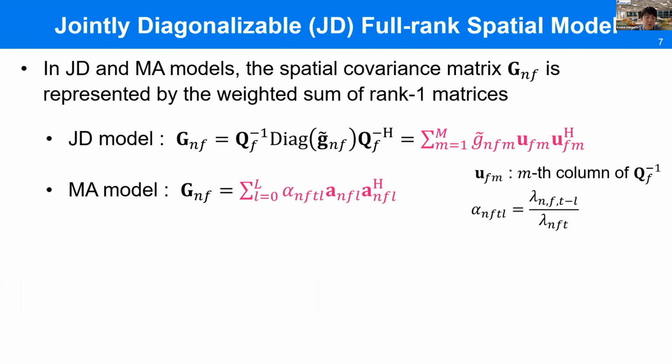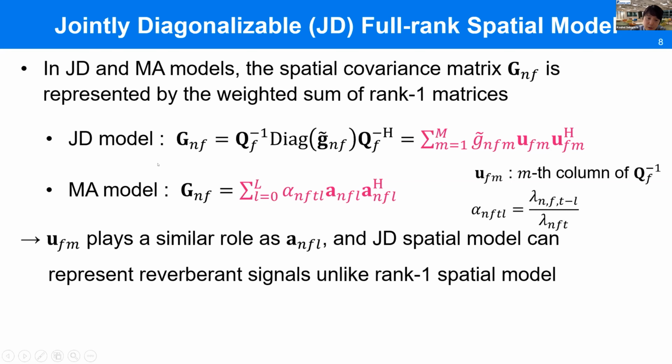In the case of the jointly diagonalizable spatial model, we can get a physical interpretation by considering the MA model. According to the definition, the spatial covariance matrix of the jointly diagonalizable spatial model is given by these expressions, and this expression can be rewritten like this. Here, U_FN is the n-th column vector of Q inverse. On the other hand, in the MA model, the spatial covariance matrix is given by these expressions.